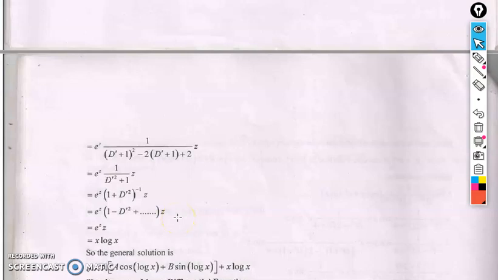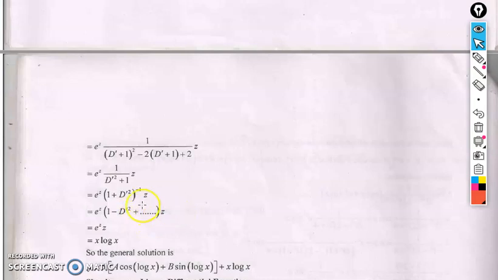The question is why we are not mentioning d dash to the power 4: because the power of z is 1, so it should be differentiated only up to 1 time. So the result becomes e to the power z, 1 into z, that is z, minus d dash squared z, that means differentiation of z two times.